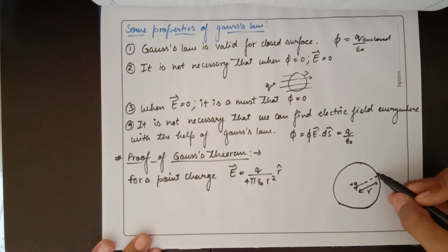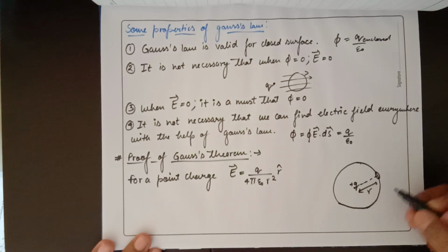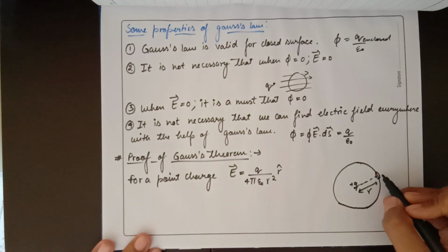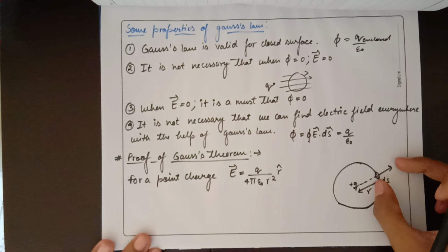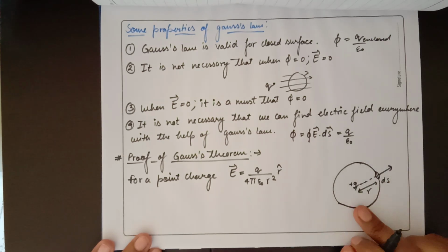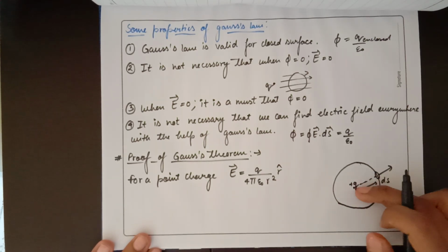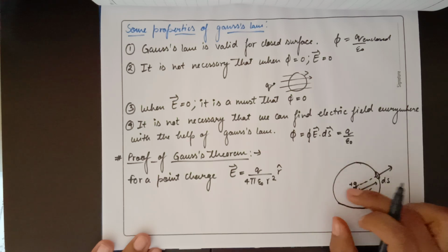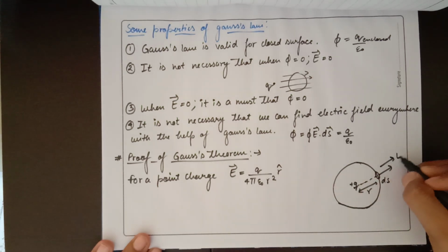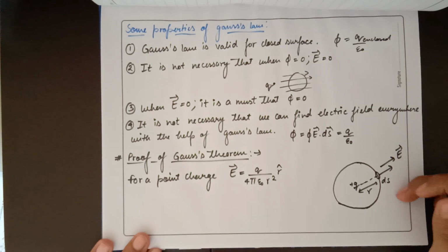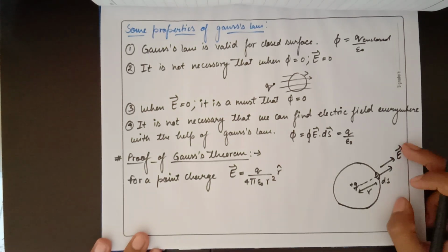and I suppose a small component over this surface as ds. Suppose ds is this component and the normal to it is this. As we know, the electric field from a positive charge is radially outward, so the electric field will also be in this direction. Between E and ds, there will be an angle of 0.